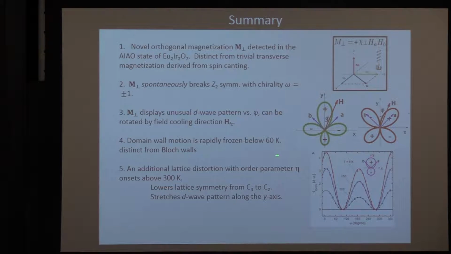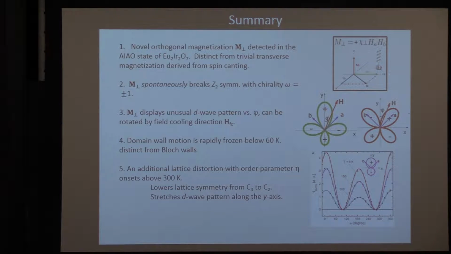The domain wall is not conventional block motion. It gets frozen rapidly below 60 Kelvin with a gap of about 170 Kelvin. And well, what that means is the following. Let's say we field cool along a certain direction, and then we have the sample sit there at 4 Kelvin. It doesn't matter what you do to the sample.